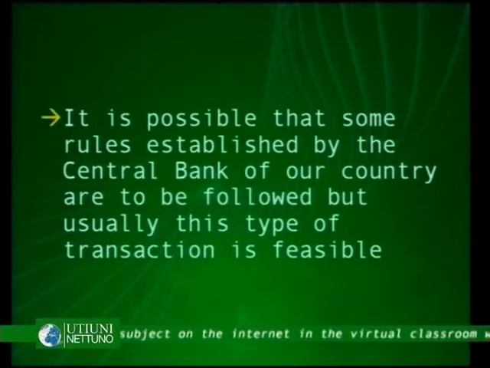It is possible that some rules established by the central bank of our country are to be followed, but usually this type of transaction is feasible.